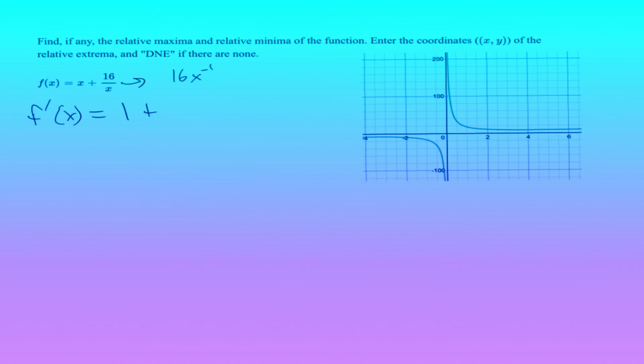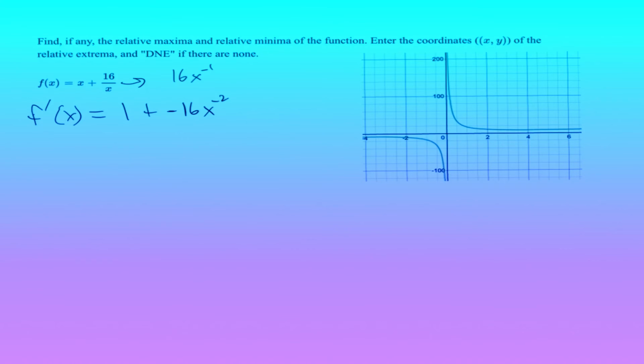So when I look at this, I'm going to bring that -1 to the front, and then I'm left with 16x to the negative 2nd power, okay? So whenever you have the variable on the bottom, you could use your exponent rules just to make things a little easier to differentiate.